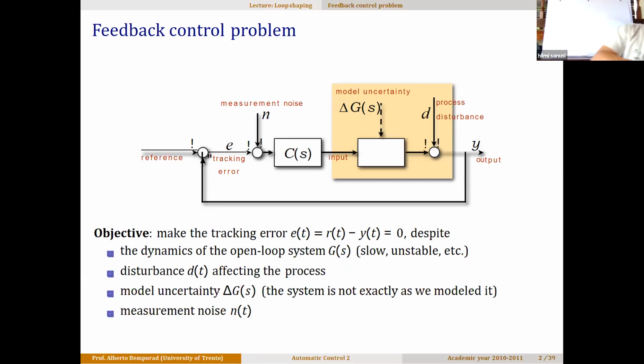I'll do a few things. Okay. Let's say kita ada, so this is your G of S. And this is your controller. So this is your system.